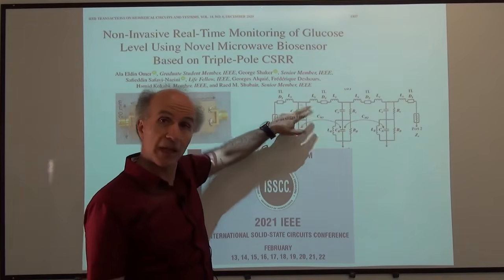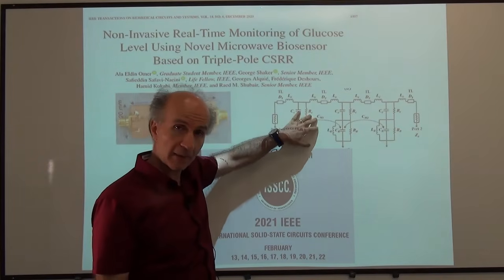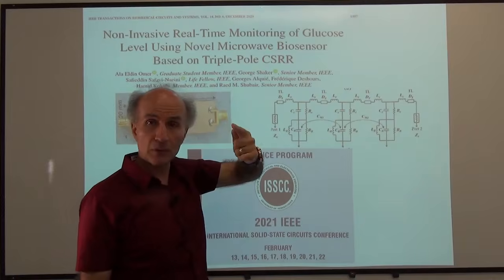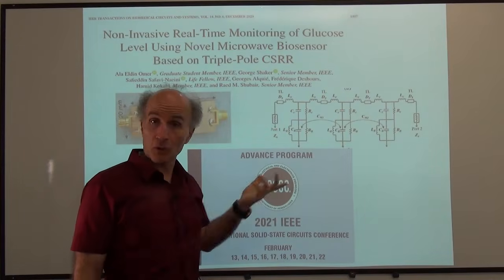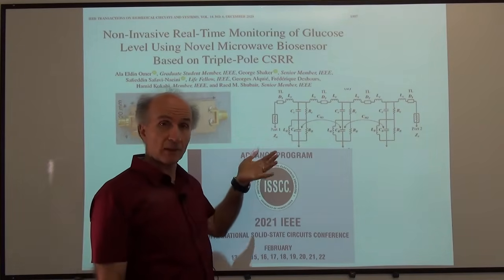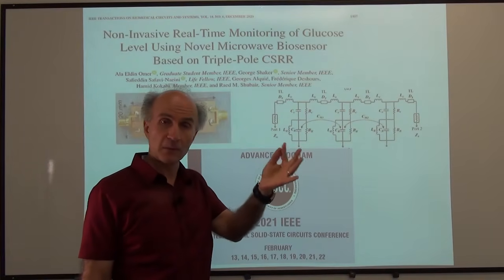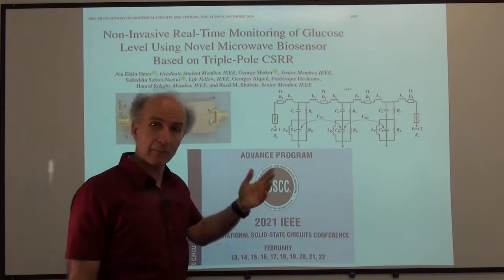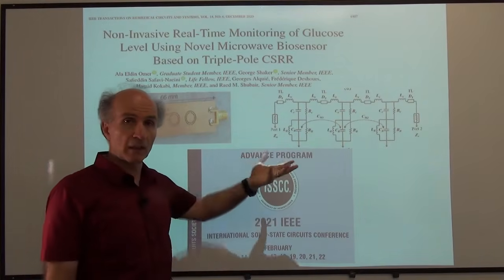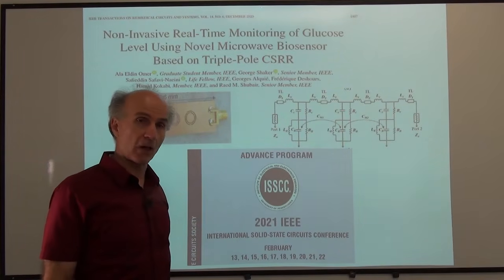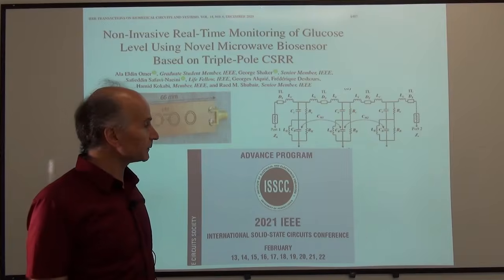So from that change in the capacitance, we can tell how much glucose I have in my blood. So it's a beautiful invention. It has no invasion of the body in terms of drawing blood, and it can measure the glucose in a very simple and nice format.